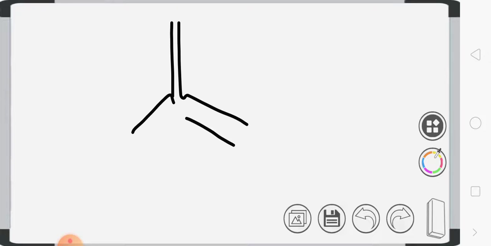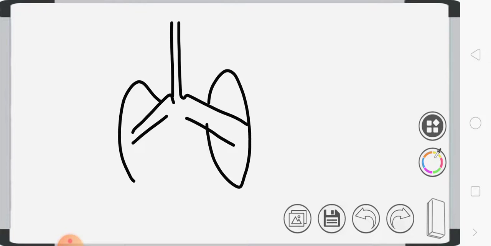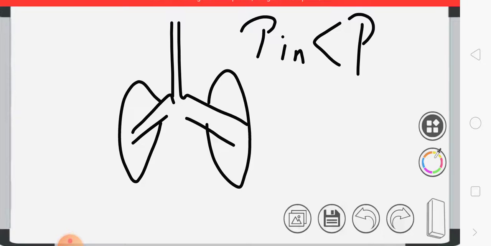So now if you see in this diagram where we saw the lungs, where the thoracic cavity has increased, the pressure inside is now lesser than the pressure outside.